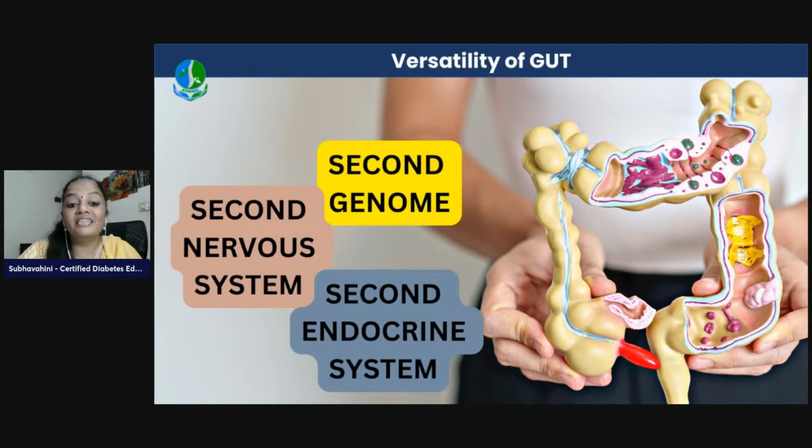So these microbes which are present inside the gut decide which nutrients need to be absorbed, which nutrients need not be absorbed, and how much energy we need. And it is also directly connected with fatty acid metabolism, fat digestion. So it is directly connected with diabetes, and it is directly connected with obesity.